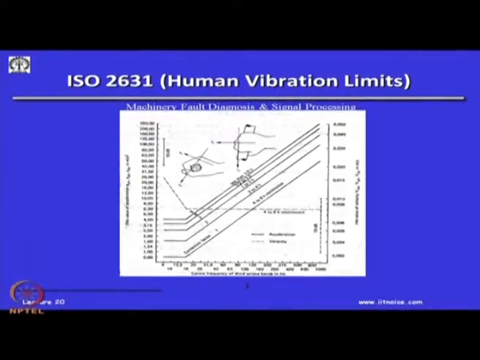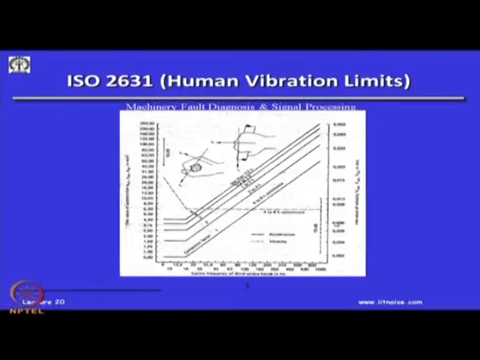So, if I have an operator holding on to a steering wheel for 4 to 8 hours, the maximum RMS level should be in this band, below this level. In machinery health monitoring, we are not, of course, talking about how to ensure that the levels are lower, but I thought you should know in this class that there are also standards for human vibration levels.